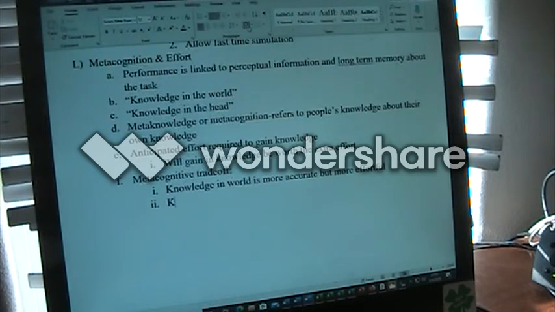Whereas knowledge in the head is easier, but potentially less accurate.